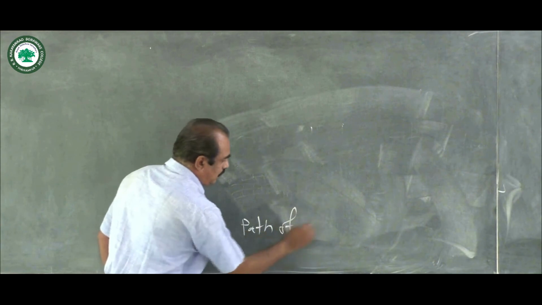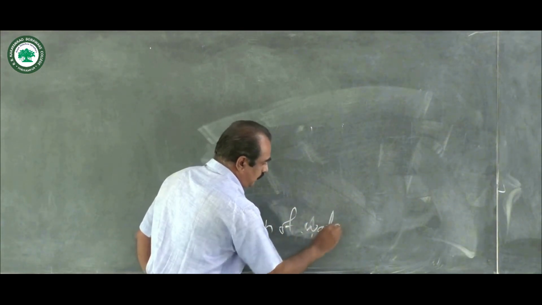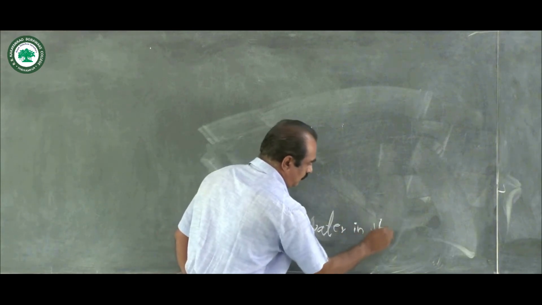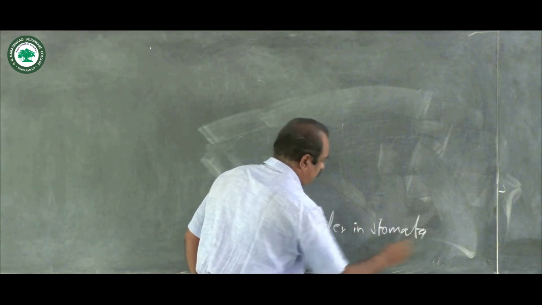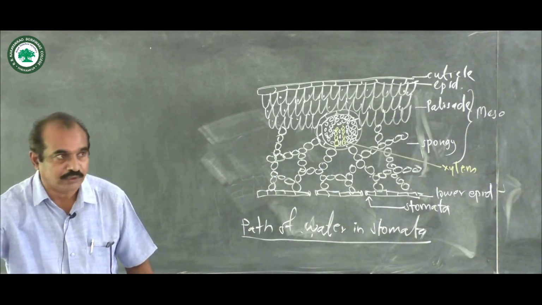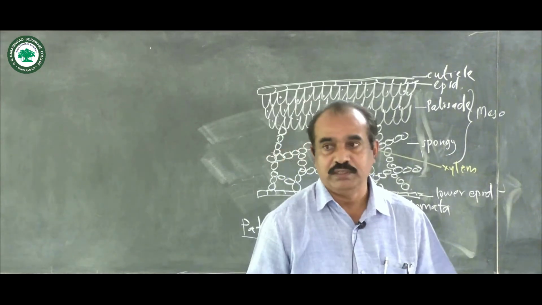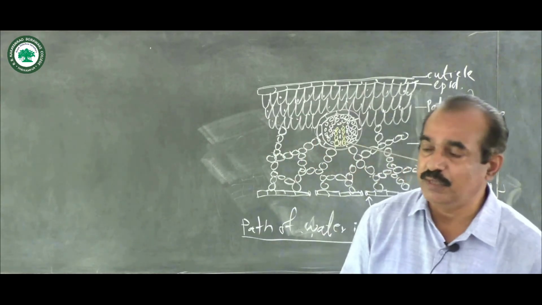Next point, that is the path of water in stomata. Now this is the TS of the leaf, showing the path of water. Initially, the water is absorbed by root hair in the soil. From root hair, it enters into the epiblema cell.